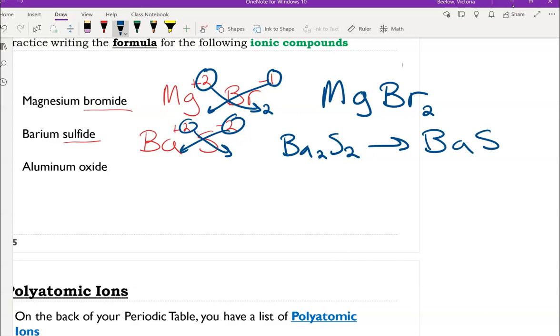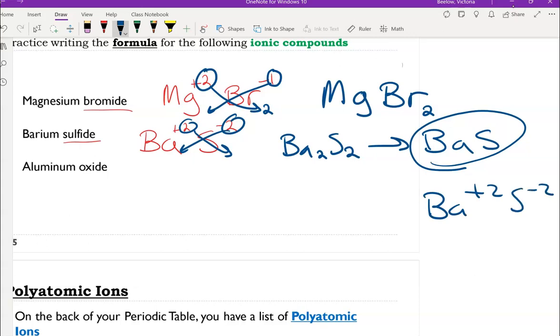So if you ever have a situation where both these are the same, like a +2 and a -2, or a +1 and a -1, or a +3 and a -3, then you're going to end up getting just one of each element, which makes sense because if Ba has a charge of +2 and S has a charge of -2, you just need one of each so they would cancel out and have that overall charge of 0. And we want to simplify this if possible.